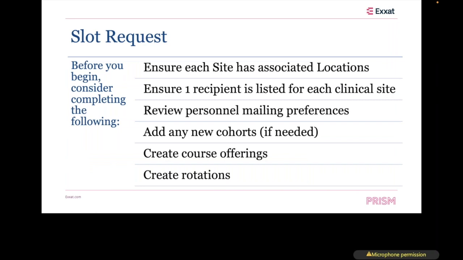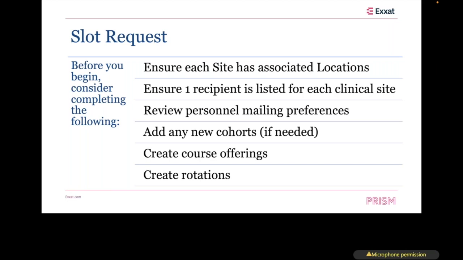Before we go ahead and configure our slot request, there are a few things that you may want to consider. The first one is to ensure that each site has an associated location. Ensure that there is at least one recipient listed for each clinical site so that they receive this email.